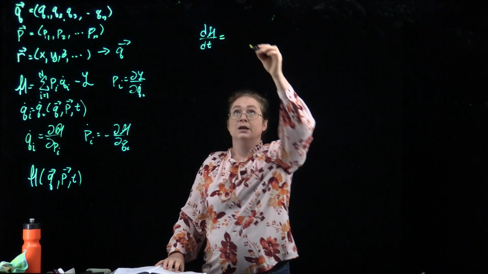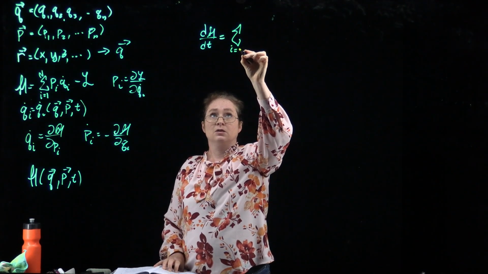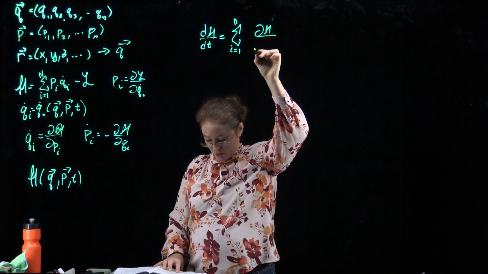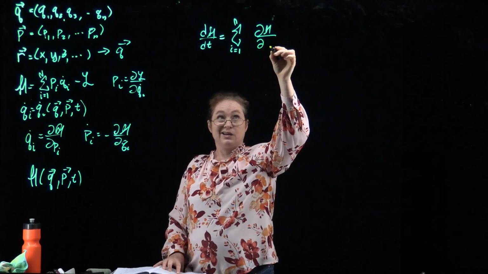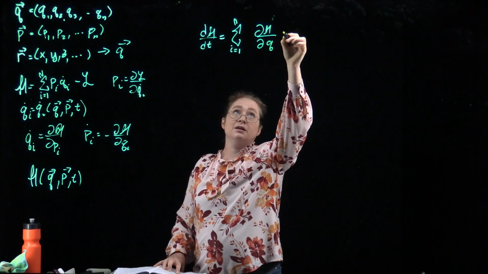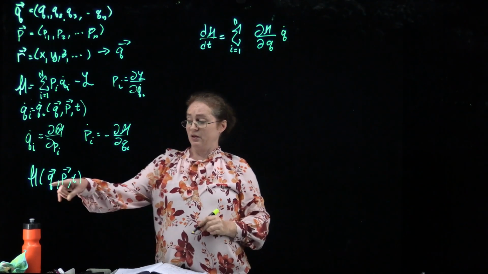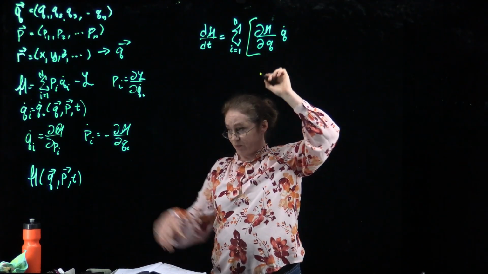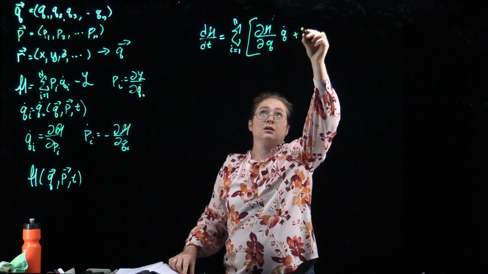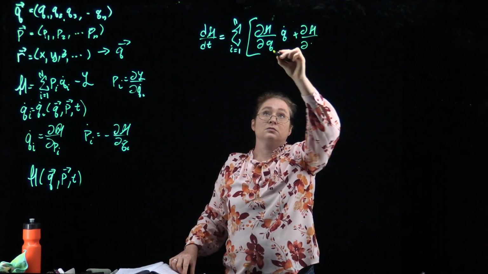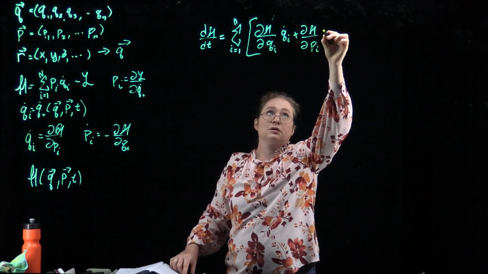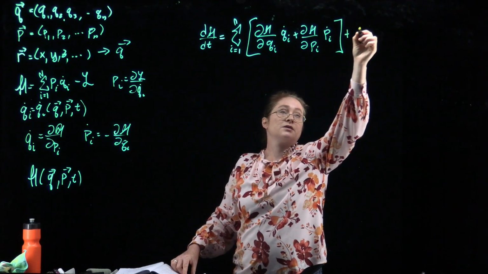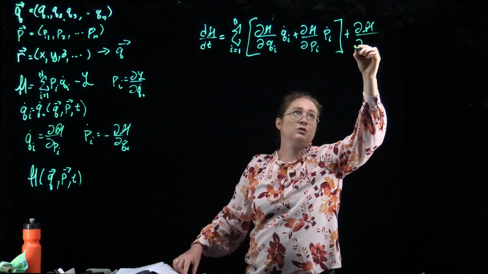So what that means is that, because we have n coordinates, we're going to take our partial derivative with respect to q times the time derivative of q, and then the partial derivative with respect to p times the time derivative of p, plus the partial derivative of the Hamiltonian with respect to time.